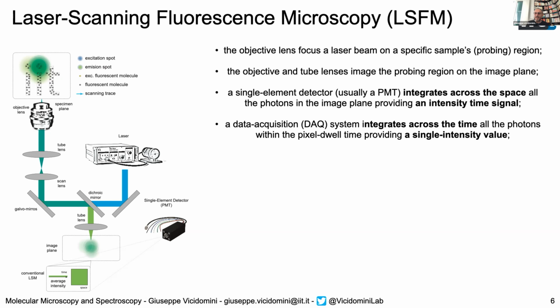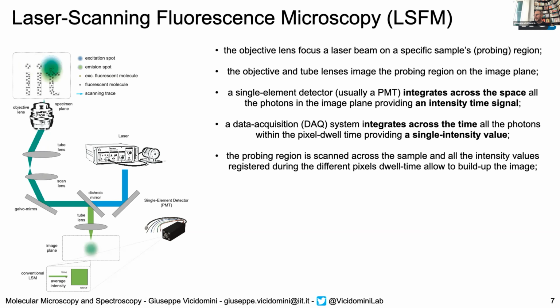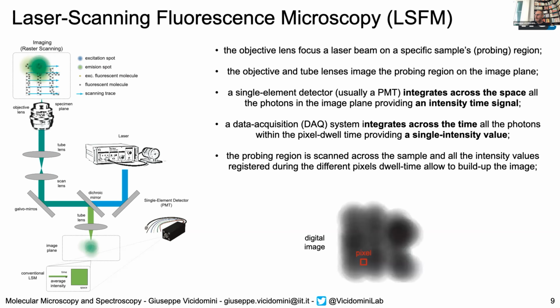Then typically my microscope has a data acquisition system that also integrates in time. And since it's a laser scanning microscope, I need to scan this spot, this diffraction limited region, or the probing region, the excitation region, across the sample, until I build up my digital image.